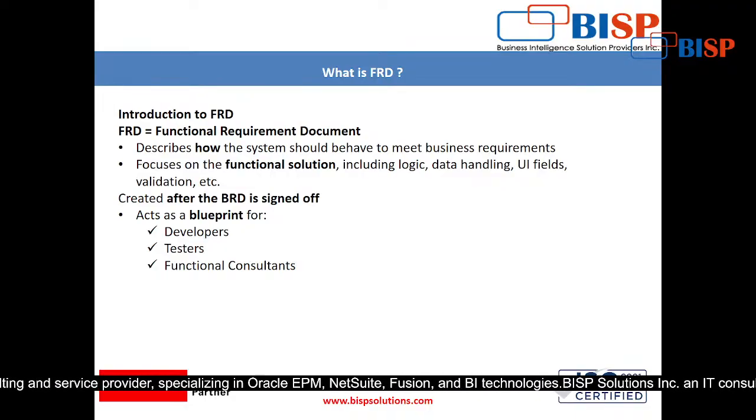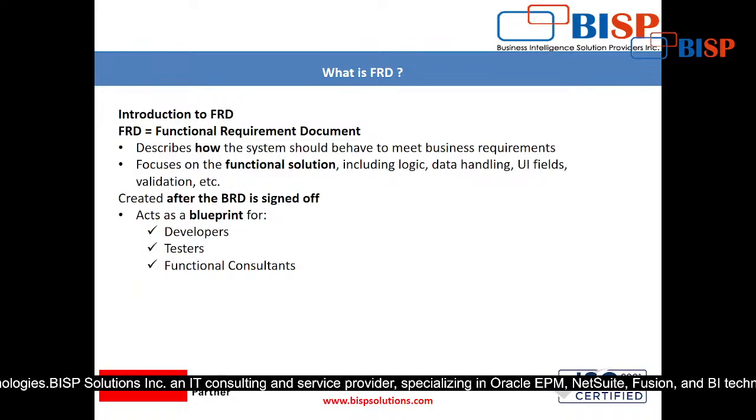What they want and how it will be done are different things. The FRD describes how the system should behave to meet the business requirement, and the BRD describes what the client wants. The FRD focuses on the functional solution, including logic, data handling, UI fields, validation, etc.